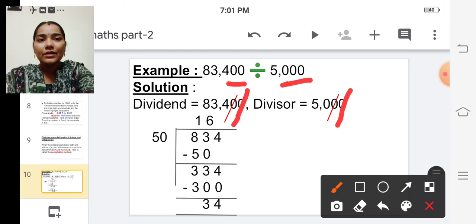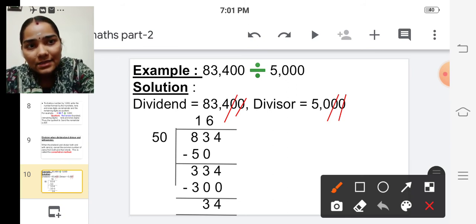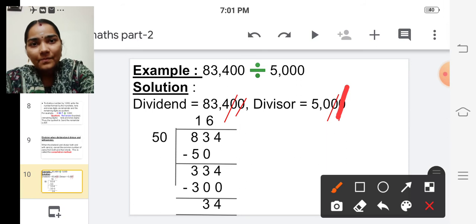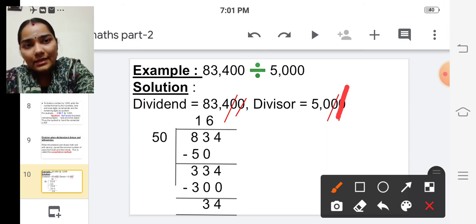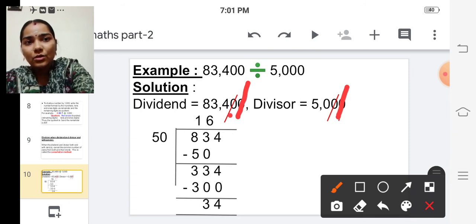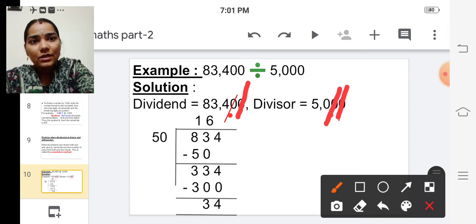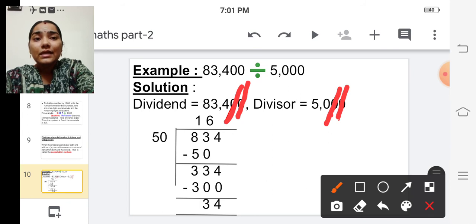So the dividend is 83,400 and the divisor is 5,000. Now we are going to cancel the common number of zeros. If we cancel a 0 in the divisor, then we have to cancel a 0 of the dividend. Again, here one more 0 is there, and here also one more 0. So we can cancel this 0 and this 0. Hereafter we cannot cancel zeros because here there are no more zeros.